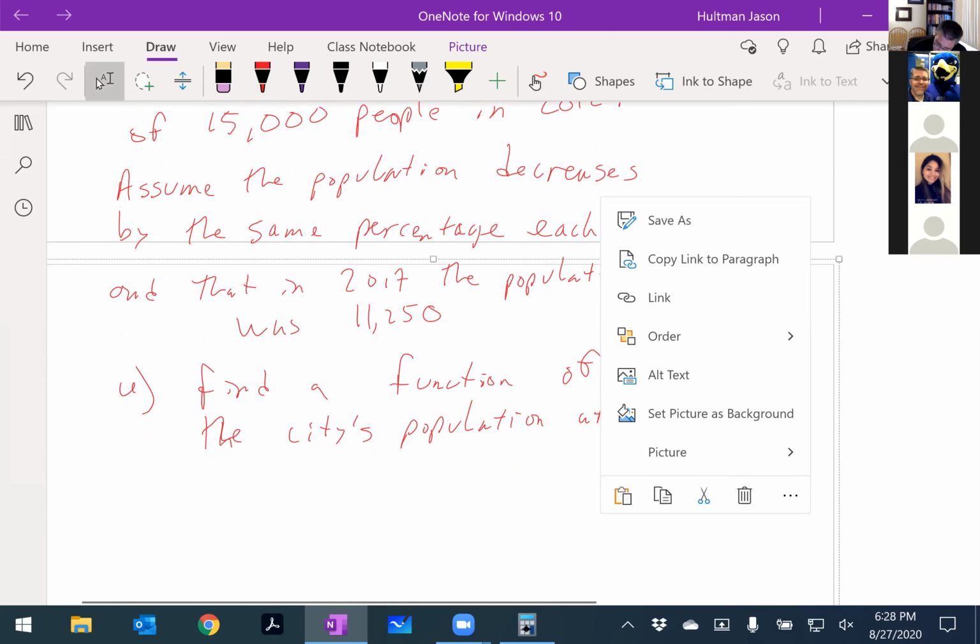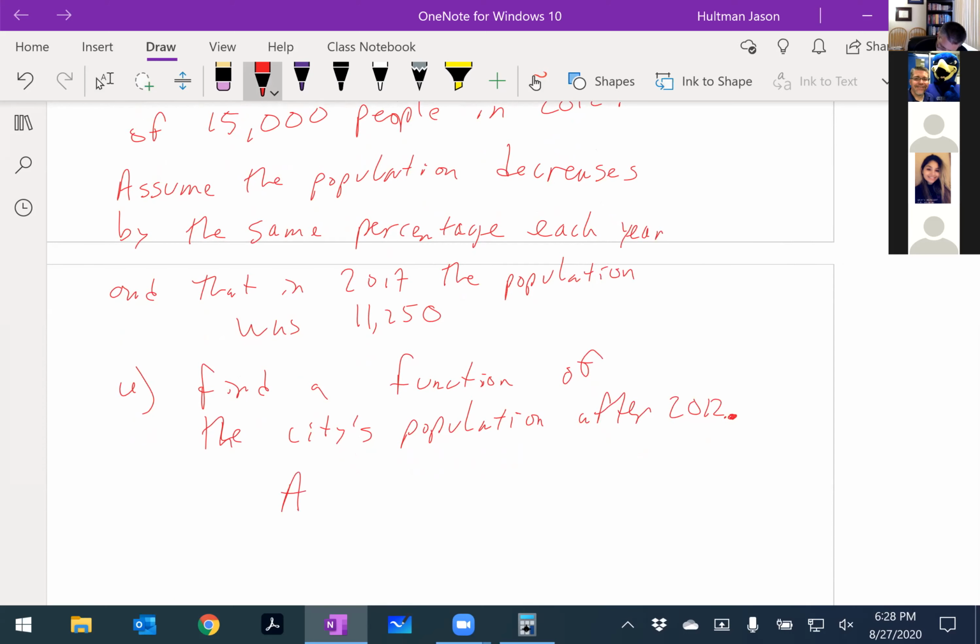Okay, so the idea here is that we have a model. The population is equal to the initial population times 1 plus or minus a growth or decay rate, raised to the T power.